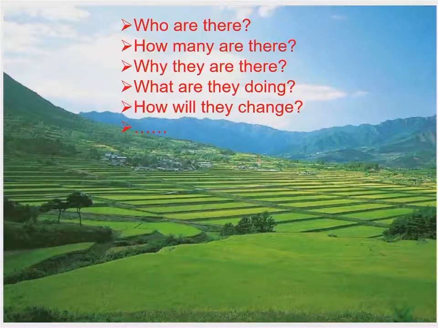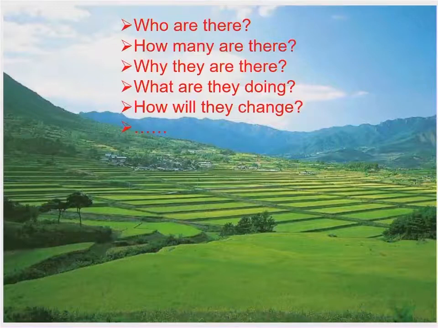Who are there? How many are there? Why they are there? This is basically the ecology. What energy source they can get? What are they doing? What roles are they playing? Particularly in the agricultural system, they are more involved in the organic matter decomposition, nutrients cycling. This is more related to our field.